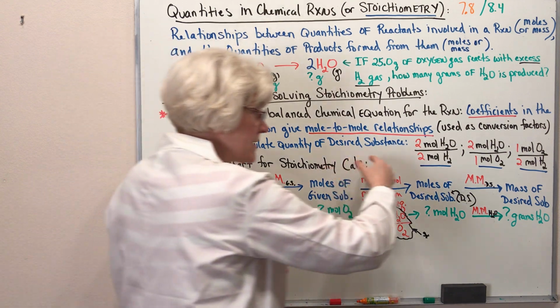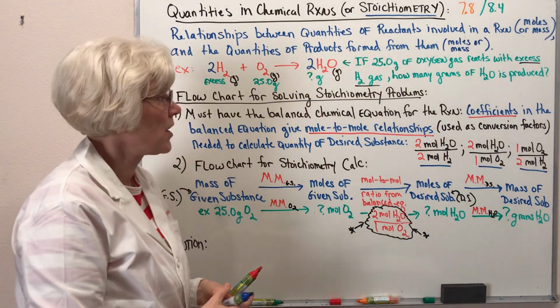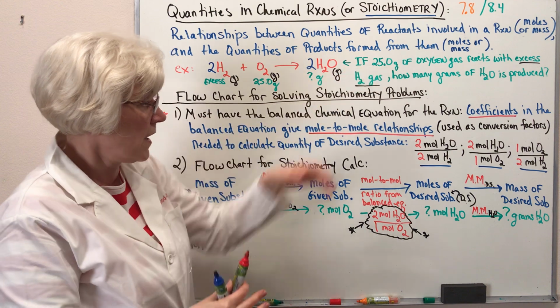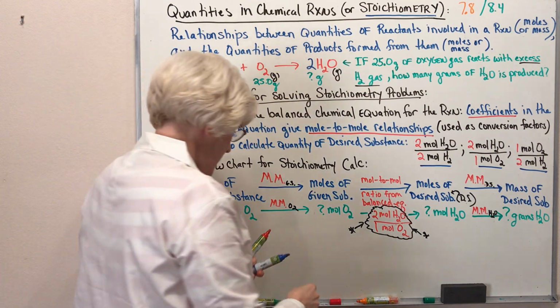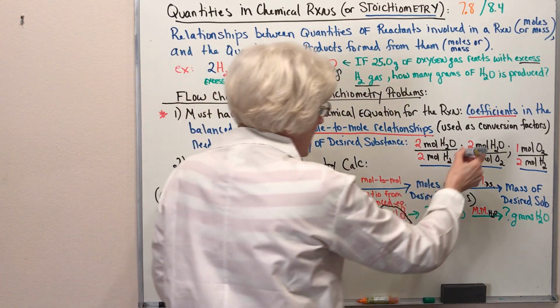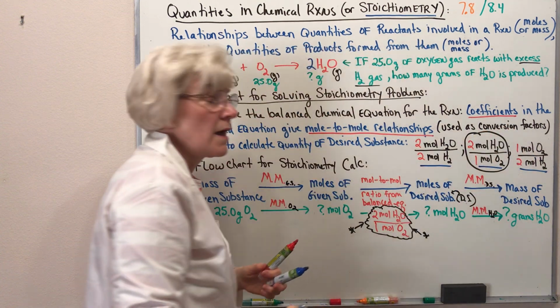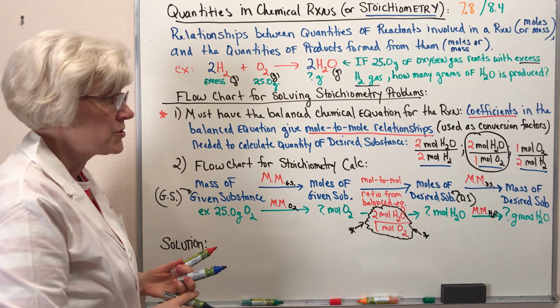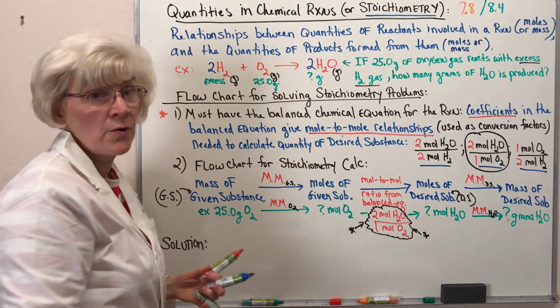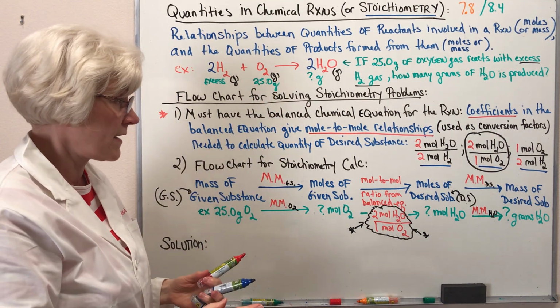So we're going to need to use one of these ratios to solve this problem, specifically this ratio right here. That involves how much water is produced, 2 moles for every 1 mole of oxygen gas that reacts.